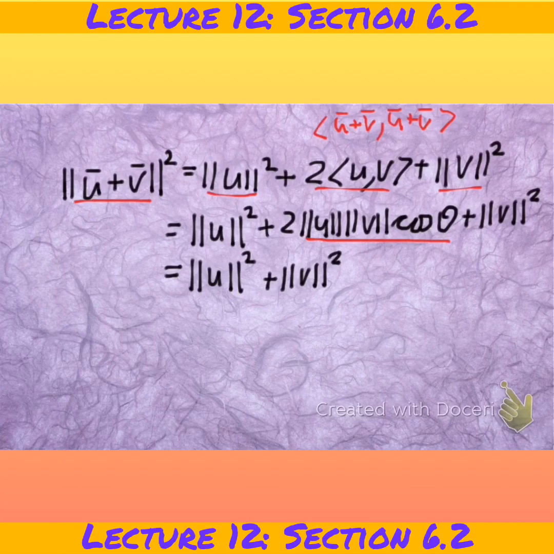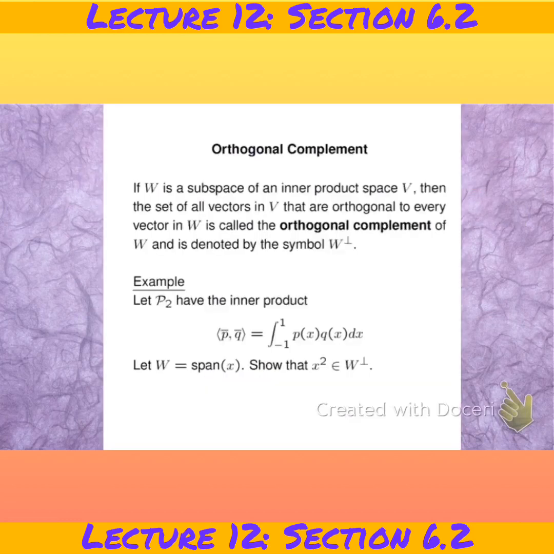Because the two vectors are orthogonal to one another, the cosine of the angle is going to be 0, and therefore we can replace that with equality. So Pythagoras also works with inner products in general. And then we can also extend it to the definition of the orthogonal complement.